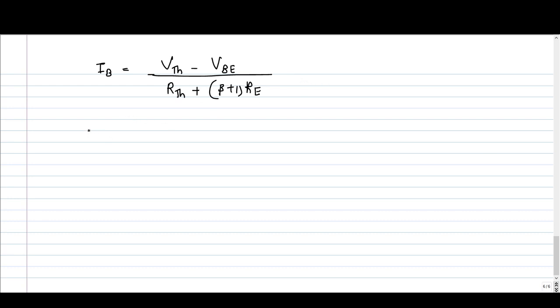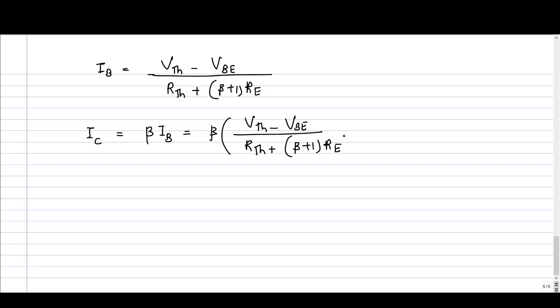Now how will you calculate collector current? We need collector current. IC is nothing but beta IB. So it is beta into this expression, VTH minus VBE divided by RTH plus beta plus 1 into RE. Okay, so we got one coordinate of the operating point, IC.